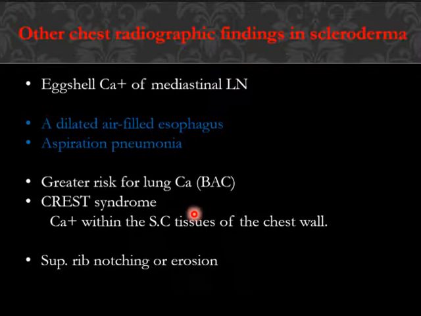There is esophageal manifestation of scleroderma, like the esophagus may be dilated and filled with fluid, with secondary aspiration pneumonia. There is greater risk for lung carcinoma, especially bronchoalveolar cancer, and it may be part of the CREST syndrome with calcification in the subcutaneous tissue of the chest wall. Superior rib notching is another finding.